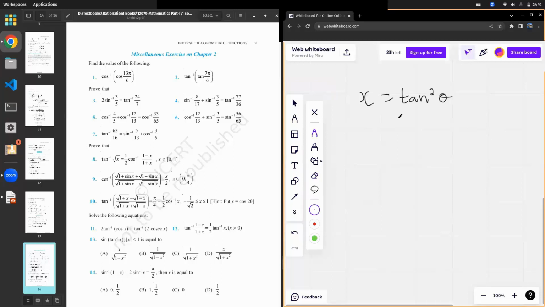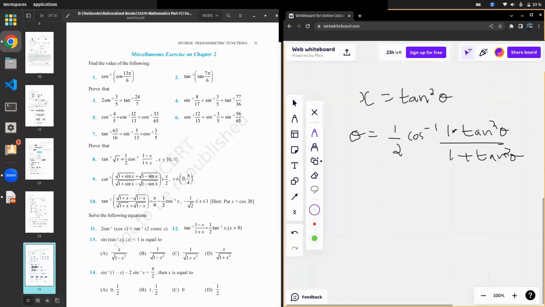From this, if we substitute, the left hand side will be tan inverse of tan theta, which is equal to theta, and the right hand side will be half into cos inverse of (1 - tan square theta) divided by (1 + tan square theta). The value of 1 + tan square theta is secant square theta, which we can write as 1 by cos square theta.